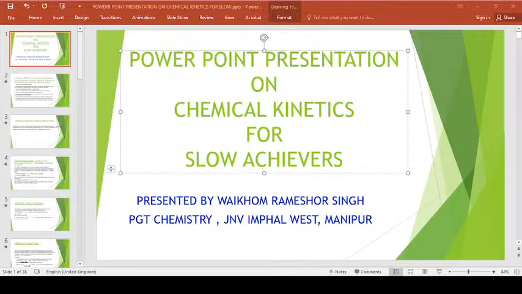Because for a gaseous reaction, if we increase the pressure, the volume will decrease. If volume decreases, obviously the concentration will be more. So that's why for gaseous reaction, rate of reaction will increase with the increase of pressure. Next, sixth point: depending upon the nature of the reactant, the rate of reaction may be fast or slow.